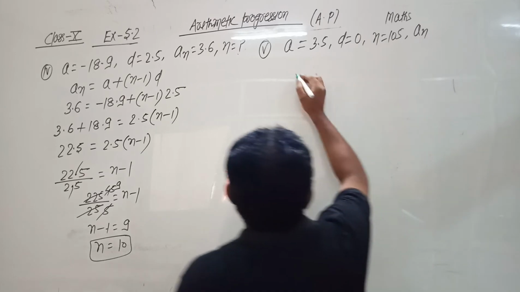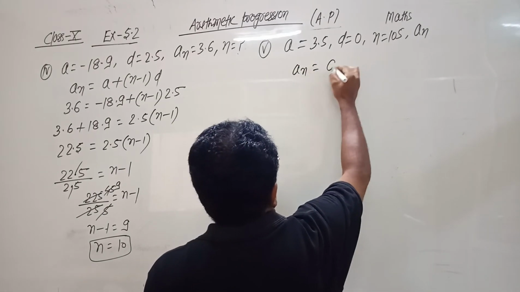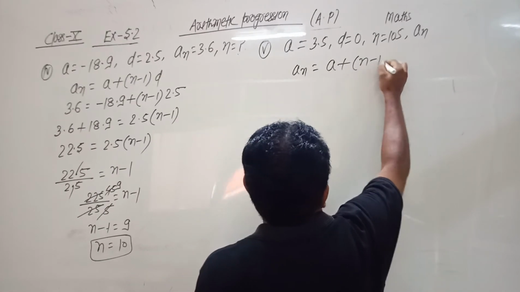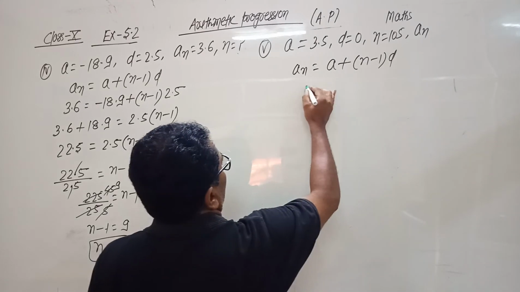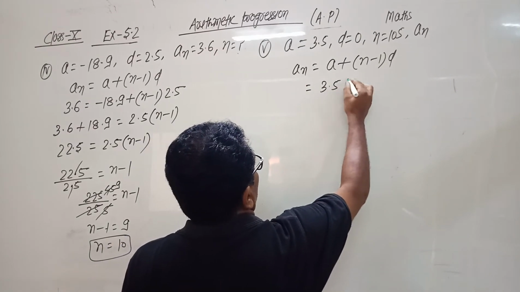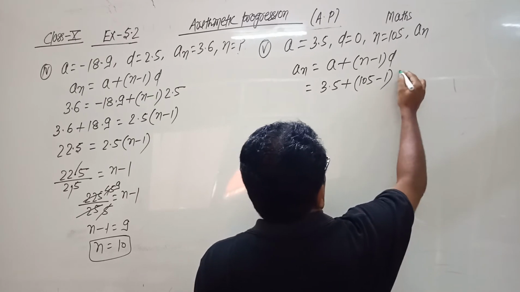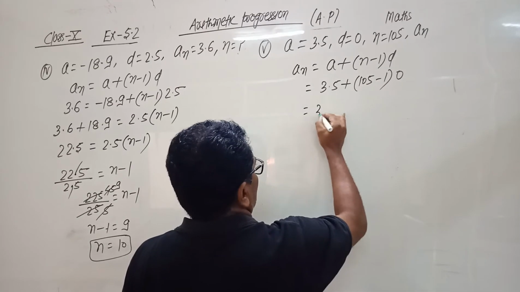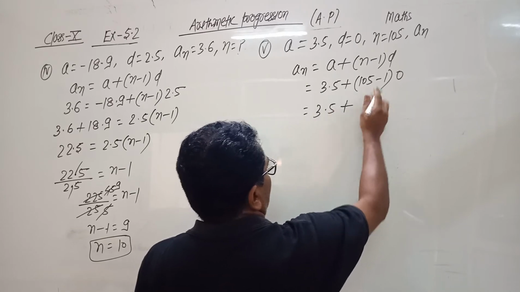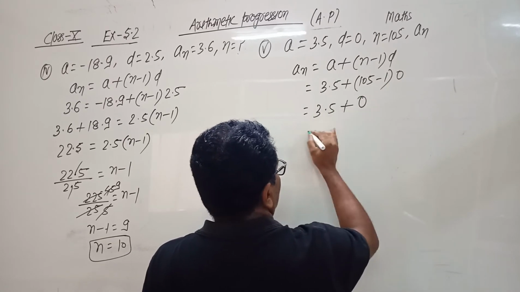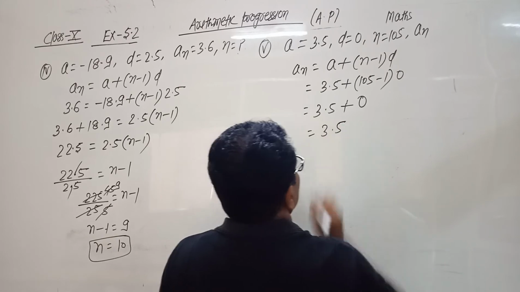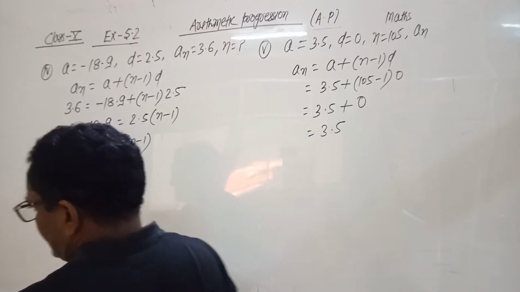So we use the same formula: An equals A plus (N minus 1) into D. The value of A is 3.5, N is 105 minus 1, and the value of D is 0. So 3.5 plus anything multiplied by 0 we get 0. The value of An comes to be 3.5.